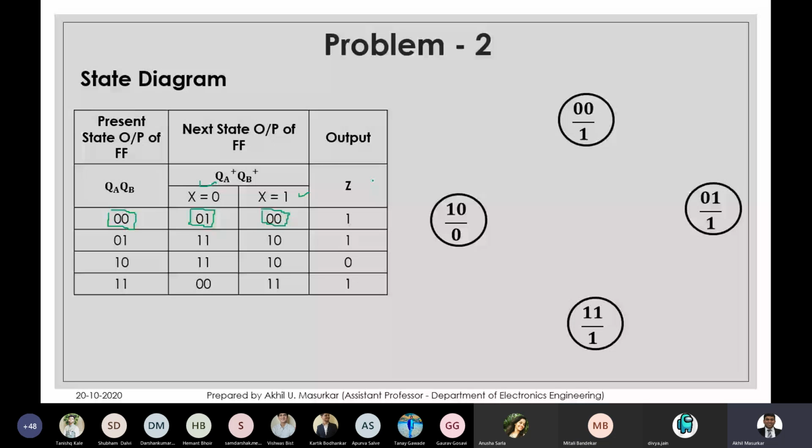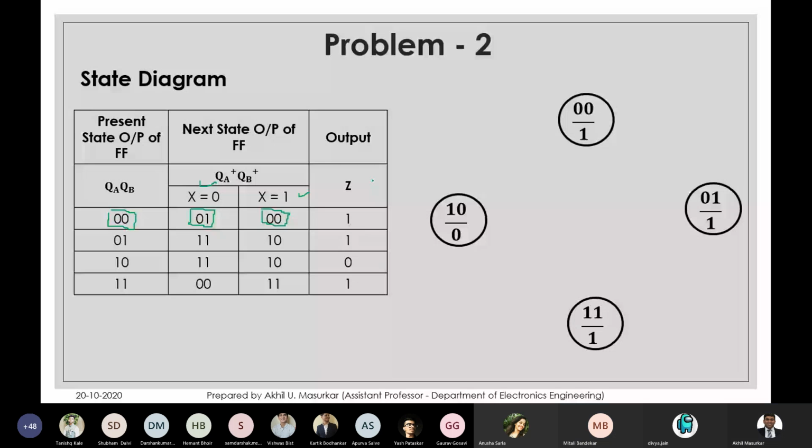Now, if I would have asked you what is the present state output for the present state 1 0, what is the output when x is equal to 0? For x equal to 1, the output was 0. Yes. For x equal to 0, what is the output?